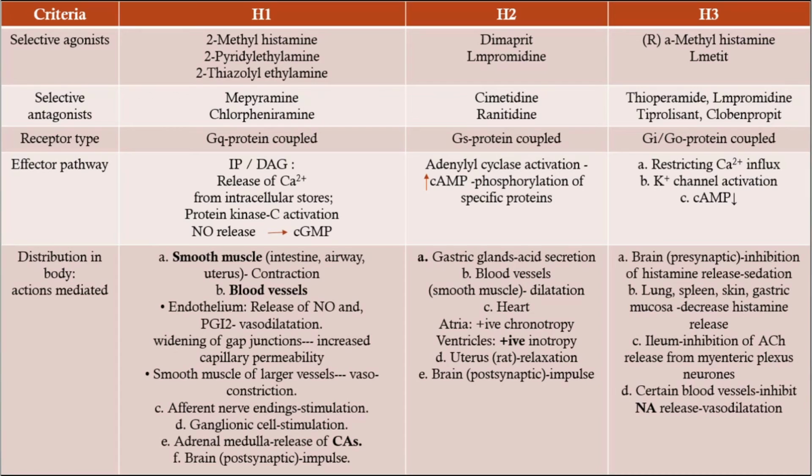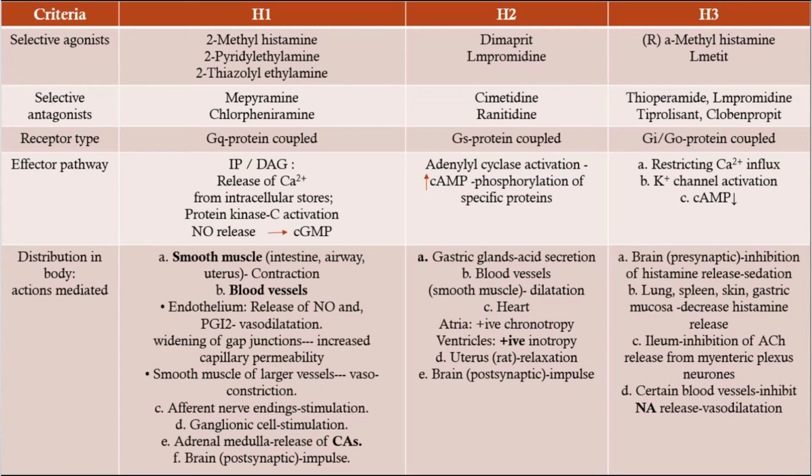So that is the reason that after a bee bite there is accumulation of fluid. Third is smooth muscle of large vessels. It causes vasoconstriction. So in large blood vessels it causes vasoconstriction, while in small blood vessels it causes vasodilation.